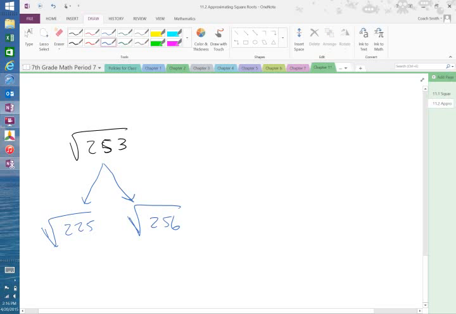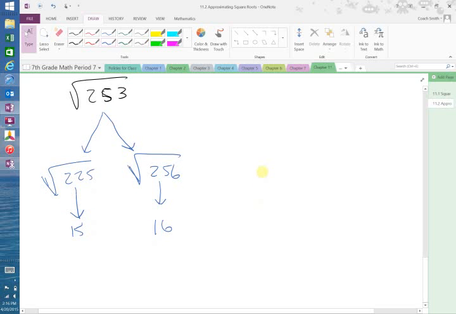So the square root of 225 is 15, so we know ours is larger than 15. The square root of 256 is 16. So it falls in between both of those. Well, the numbers that are in between those are these.